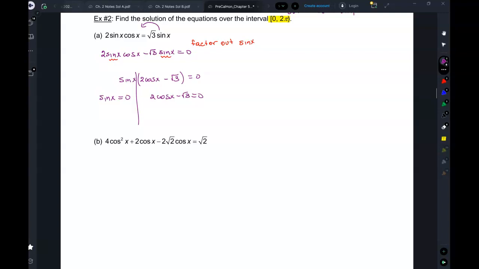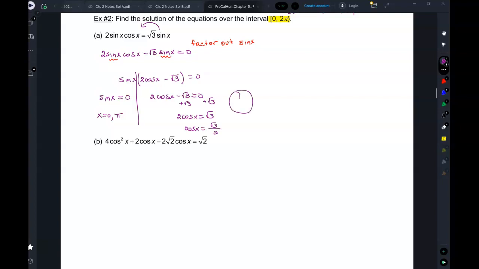Okay, so where is sine x equal to 0 on the unit circle? 0 and pi. So x is 0, x is pi. Here, add root 3 to both sides. 2 cosine x equals root 3. Cosine x equals root 3 over 2.